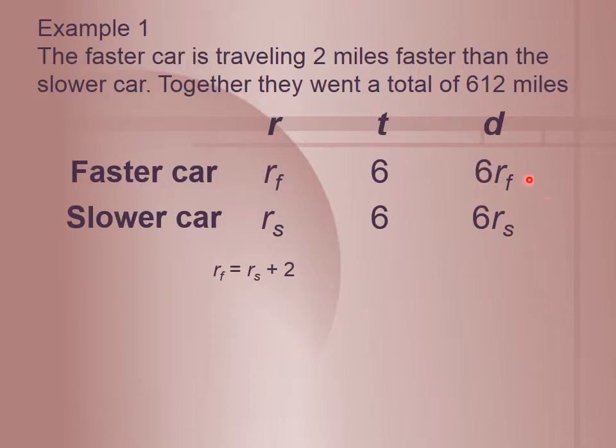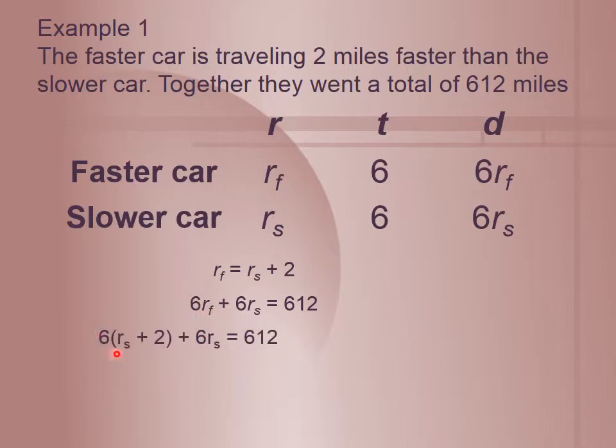So these two numbers here have to add up to 612. So 6RF plus 6RS have to equal 612. So we have two equations here. And notice how this variable, RF, is defined using RS. So because of that, we're going to substitute this equation, or R of F, into that second equation.